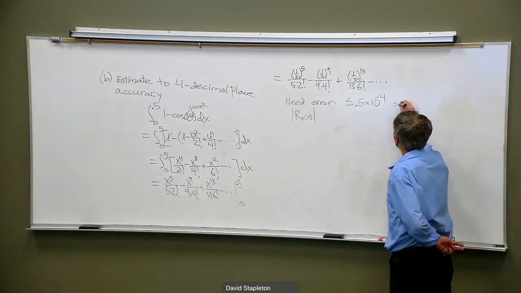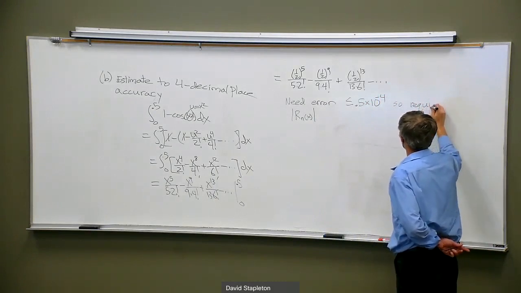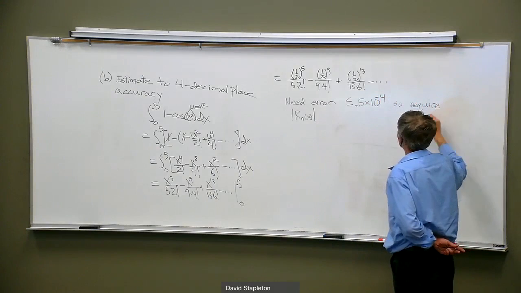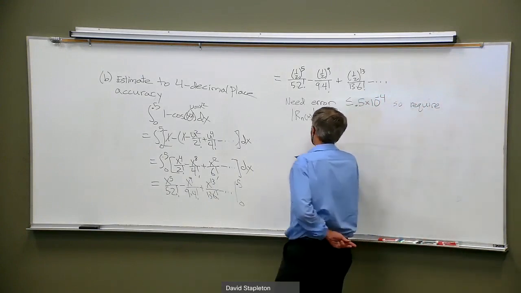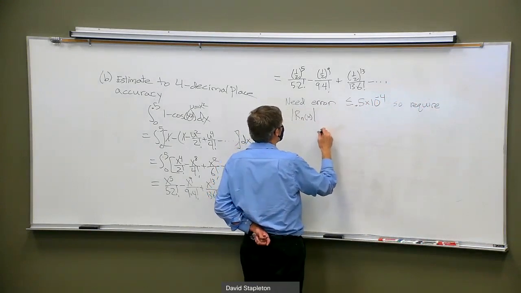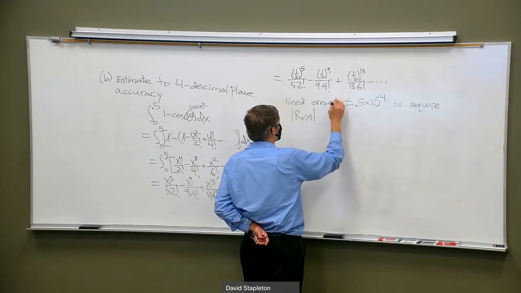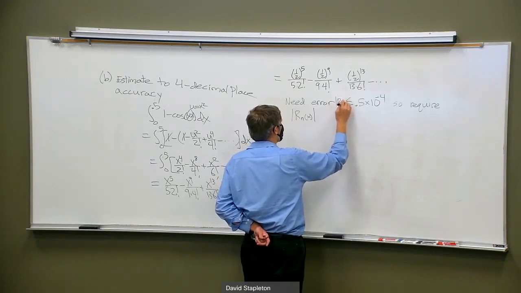You can do that by requiring the error bound. Here's the error, Rn of x.